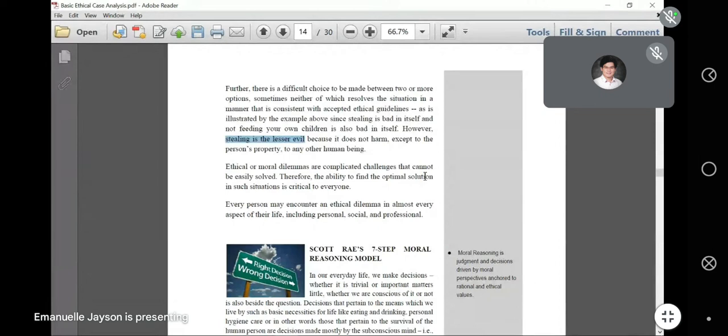Evil pa rin siya kasi nga teenage pregnant ka. Not unless you are a daughter of a very rich family, then money would not be problem for you. Or the thing is, yung tinatawag na lesser evil would be, masama pa rin siya, no?